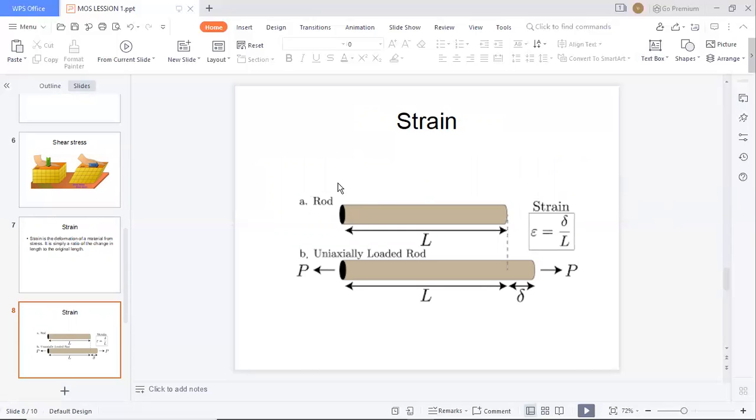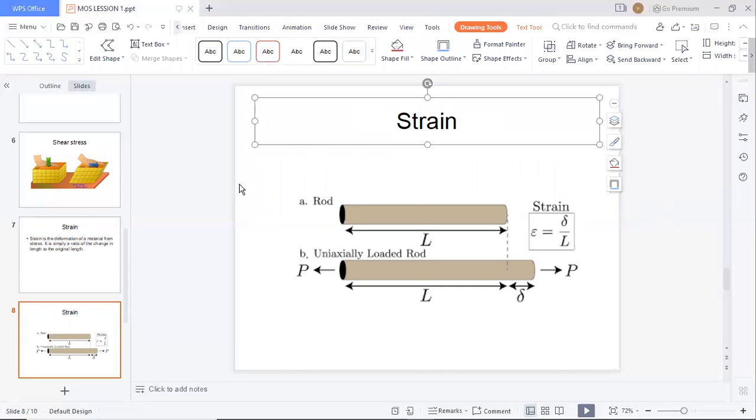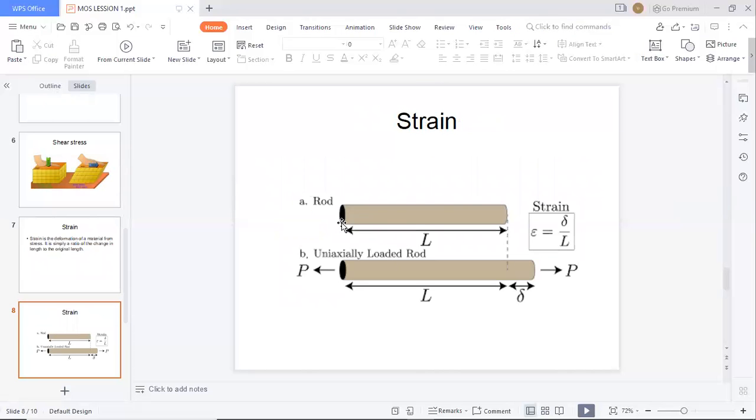This is the rod or bar, and this is the original length, where no forces are acting.